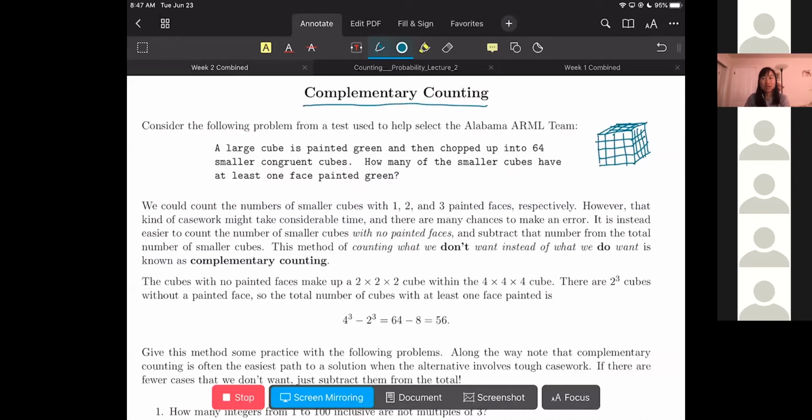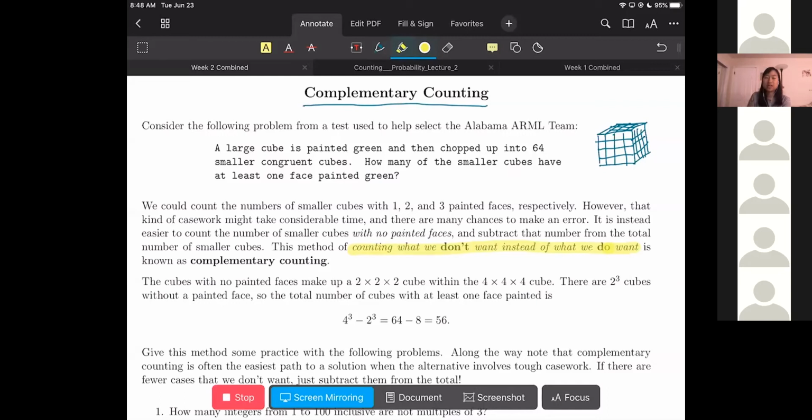Instead, we might realize that it's easier to count the number of smaller cubes that have no painted faces, and then subtract that from the total number of smaller cubes. This method is basically counting what we don't want instead of counting what we do want. We call this complementary counting because we're counting the complement.